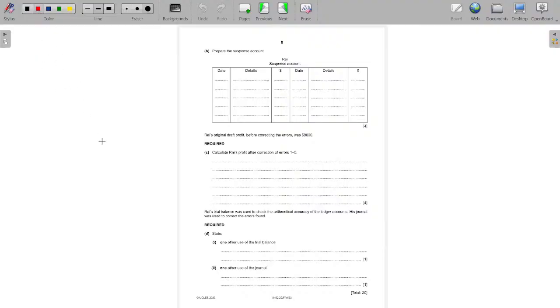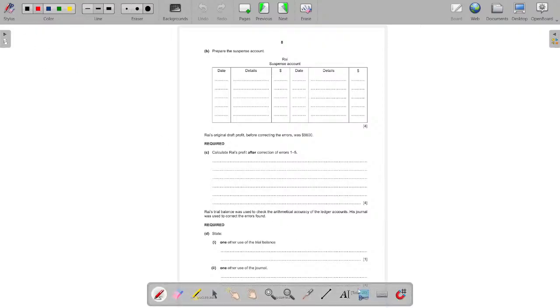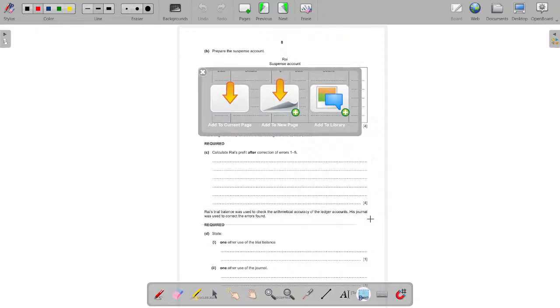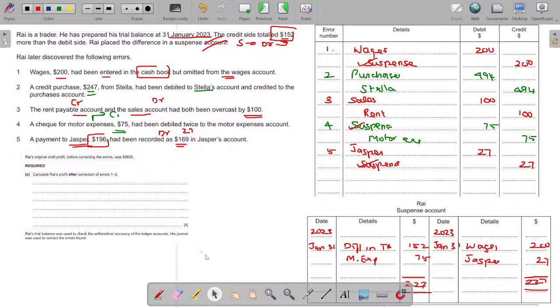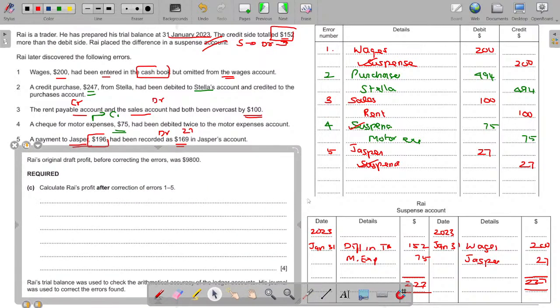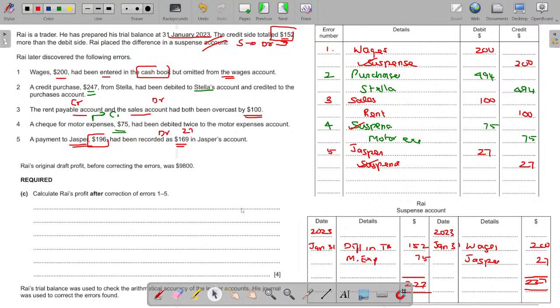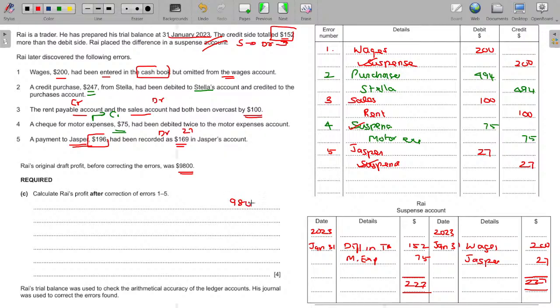Next one is all about profit. The original draft profit before correcting the errors was this much, 9,800. You have to find out the correct profit after the rectification. Wages will decrease the value: error 1 decreases the value by 200.